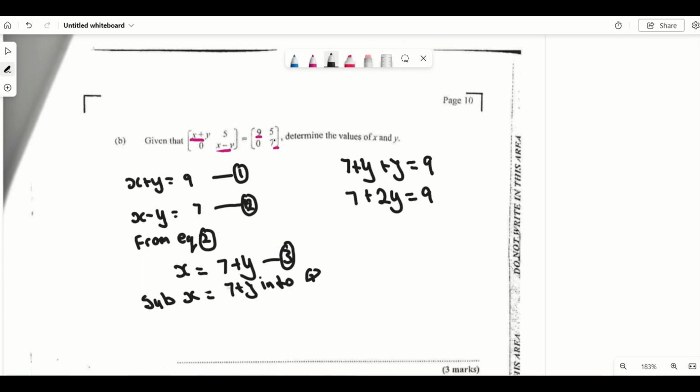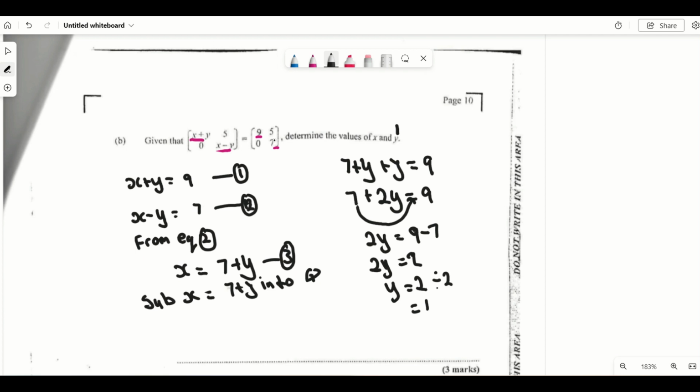We are trying to calculate what is x and y. So we make y the subject. Carry across 7 over the equal sign. That is 2y is equal to 9 minus 7. So that means 2y is equal to 2. And if you make y the subject, y is equal to 2 divided by 2, which is equal to 1. So we got y to be 1.